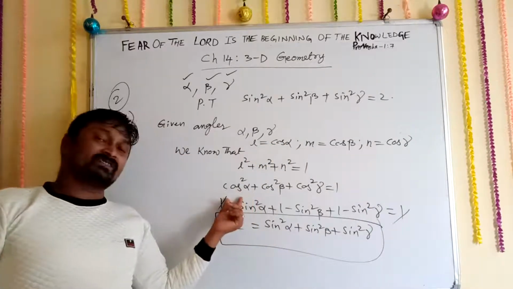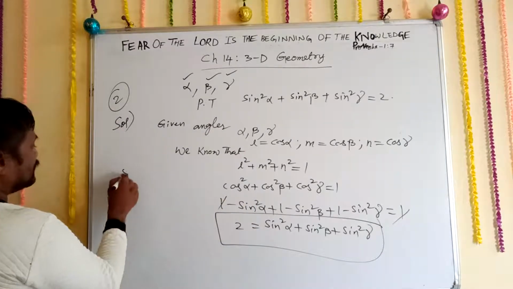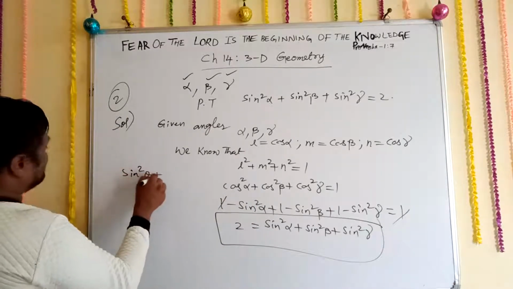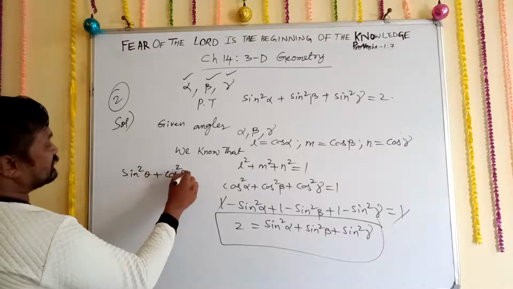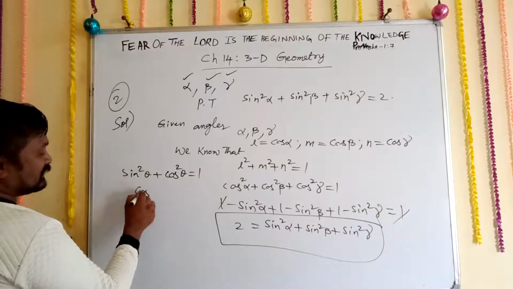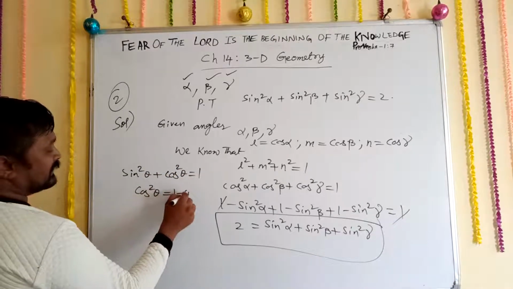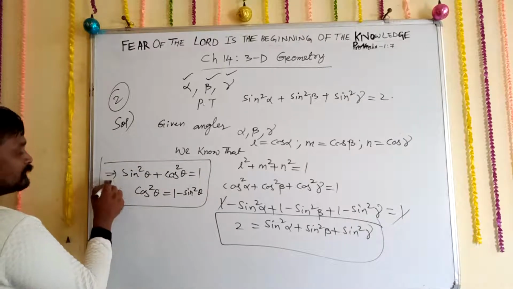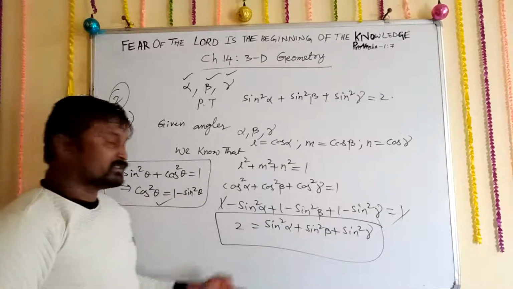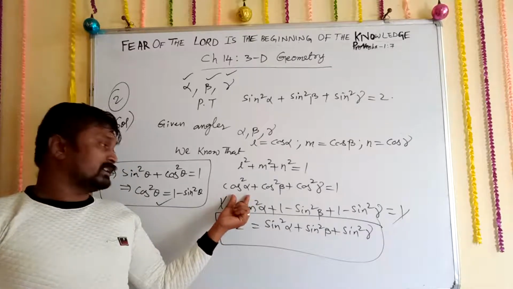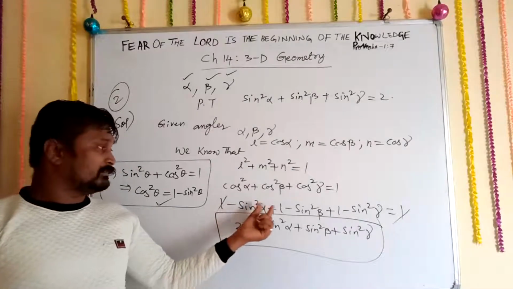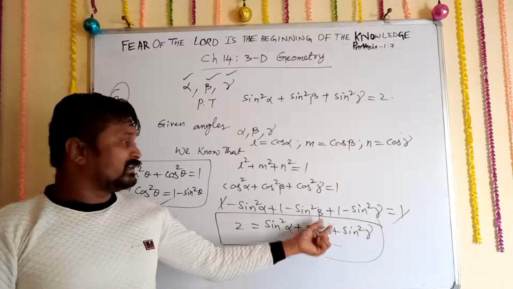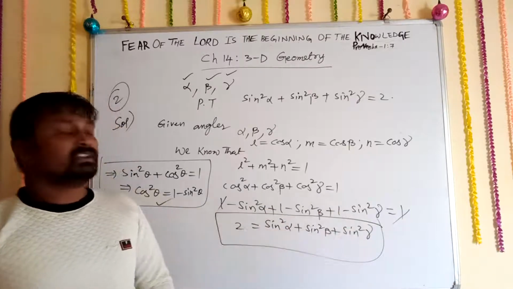But what is cos square theta? You already know that sin square theta plus cos square theta is equal to 1. From this, cos square theta is equal to 1 minus sin square theta. So instead of cos square alpha, we wrote 1 minus sin square alpha plus 1 minus sin square beta plus 1 minus sin square gamma.